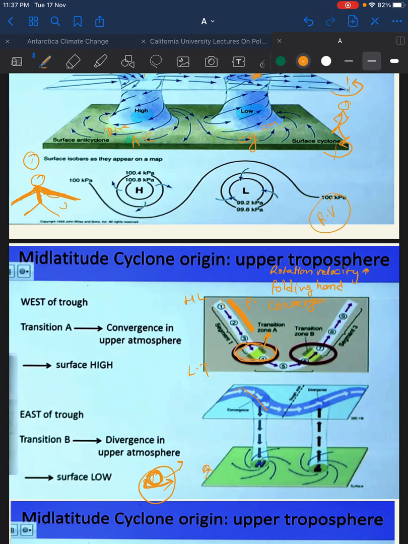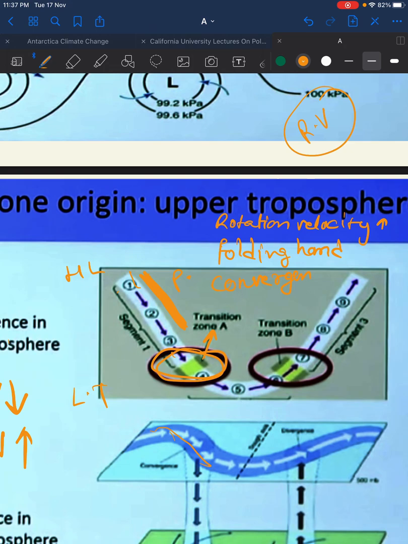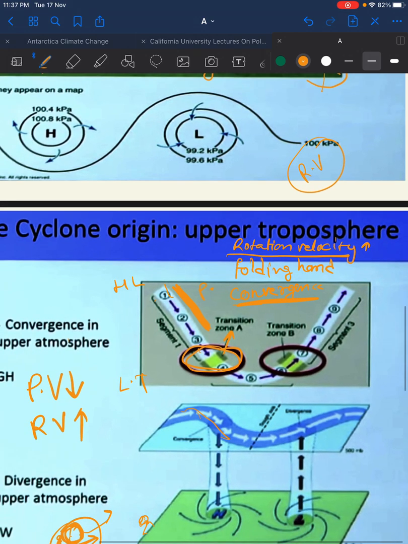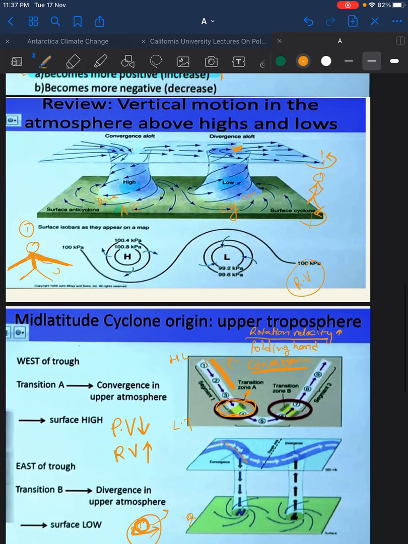Since this is low latitude, as you move towards a low latitude, planetary vorticity will decrease and relative vorticity will increase. And if there is an increase in relative vorticity, that means there is an increase in rotational velocity, and that means there is a convergence. Is this clear? So here we have convergence.